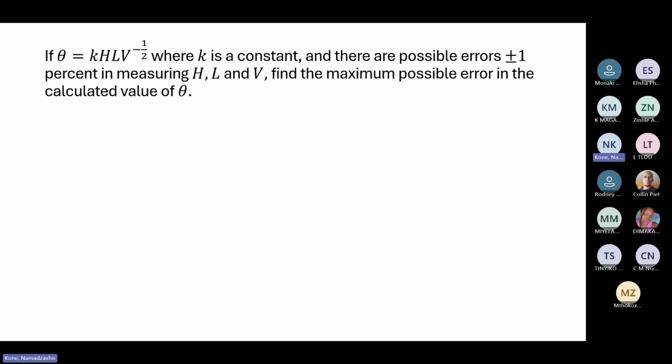So say you are doing an experiment, and in that experiment, you are measuring values h, l, and v. Now, say you are measuring the concentration of h in this khlv to the power of minus half mixture. So I can find that the concentration is 7%.